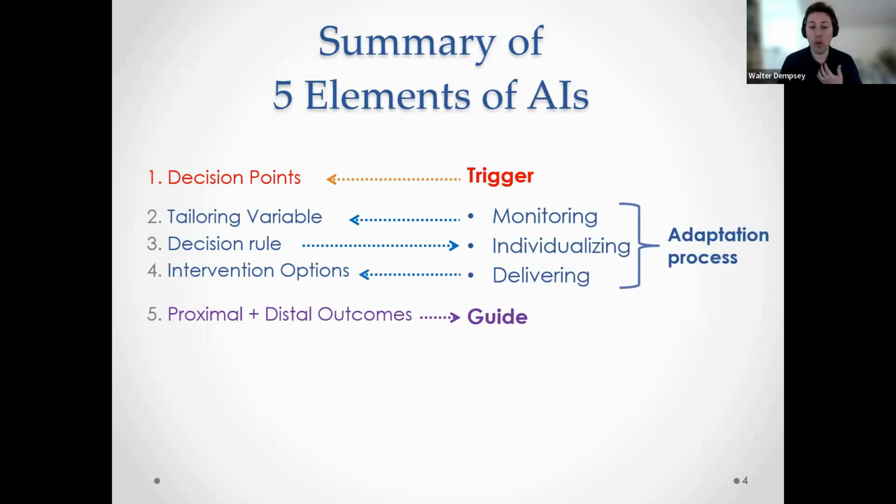It is the ultimate goal of the intervention you're building. The proximal outcome is the goal of the intervention in that moment. So you're trying to improve a proximal outcome. If you think of the proximal outcome as a mediator on a mediation pathway, by improving that proximal outcome, you'll achieve the distal outcome.